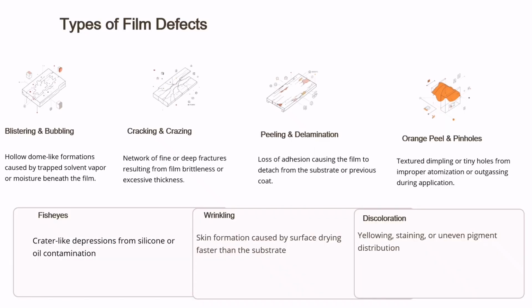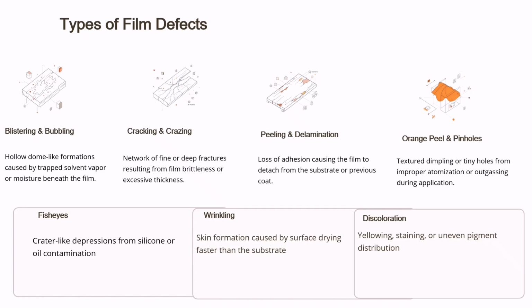This slide shows the common types of film defects in wood coatings. Blistering and bubbling occur when solvent vapor or moisture gets trapped under the coating surface. Cracking and creasing are surface fractures caused by brittleness or excessive coating thickness. Peeling and delamination happen when the coating loses adhesion and separates from the substrate or previous layer.